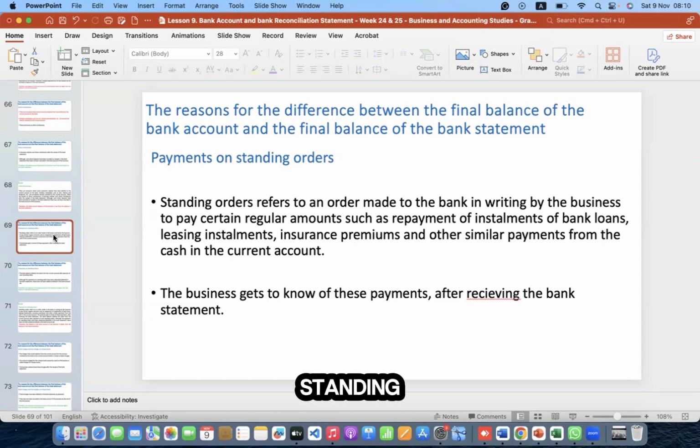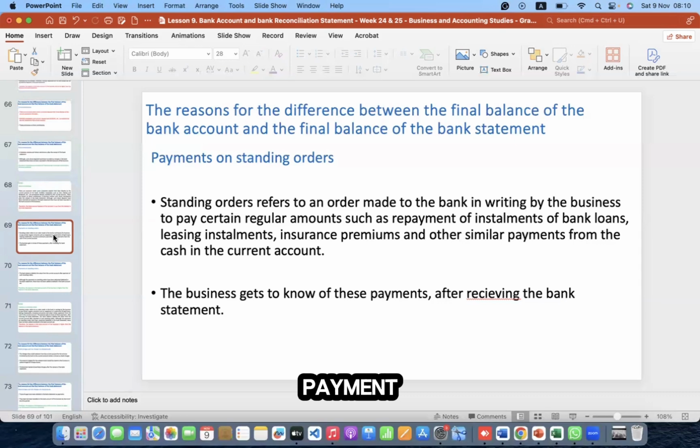You can instruct the bank to pay on a particular day, a particular amount to a party decided by you. So on that day, you need not go to the bank and make the payment. Instead, these payments are processed electronically.